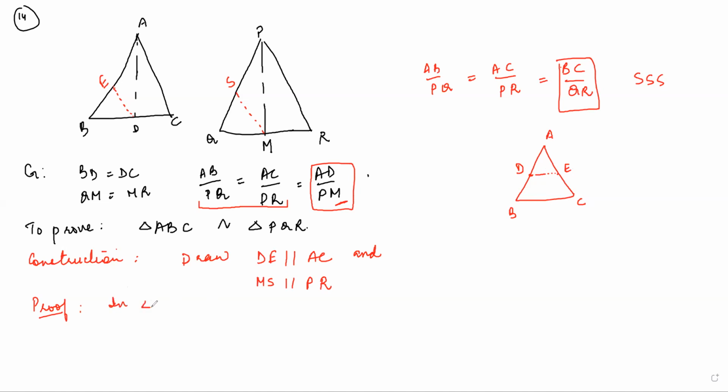So in triangle ABC, it is given that D is the midpoint of BC. So one midpoint is given. And we have drawn DE parallel to AC by construction. So two things are there.